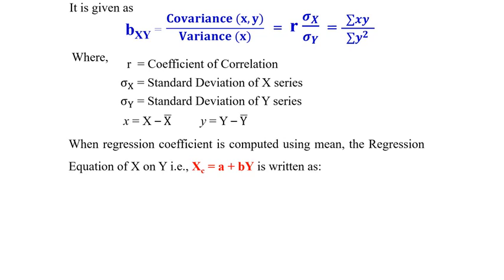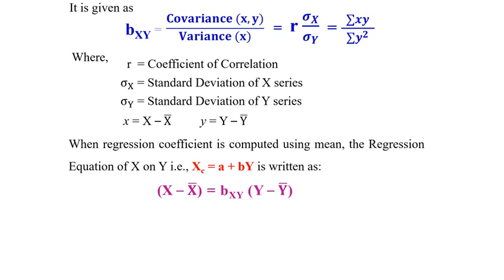When the regression coefficient is computed using actual mean, the regression equation of x on y can be written like this: x minus x bar equals bxy, observe here, into y minus y bar. So for x on y, x minus x bar will be written first, y minus y bar on the right hand side, and the regression coefficient is bxy.